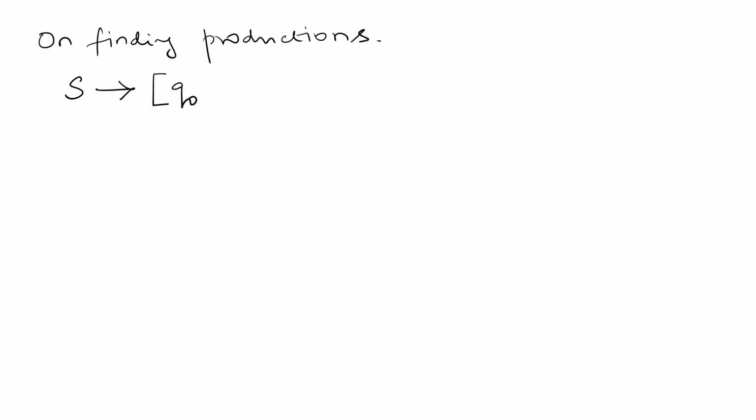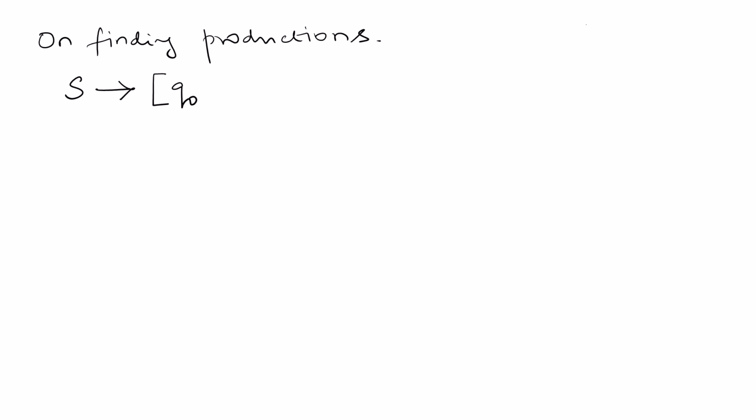On finding the productions for the grammar, the first thing is we want to find the production for the start symbol. So S goes to, we want to take the variable from the start state of the PDA. What is the variable from the start state of the PDA?